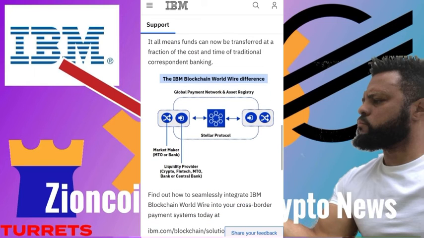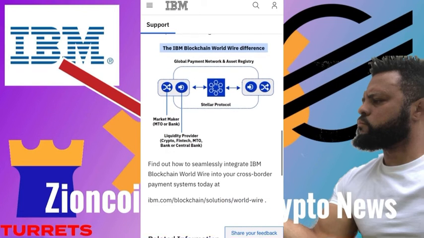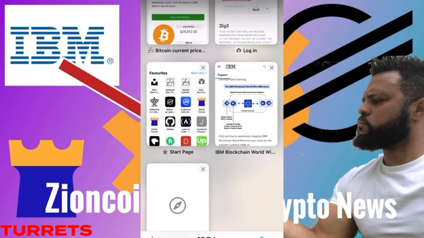The IBM Blockchain World Wire: global payments network and asset registry. We've got market makers, MTOs or banks, liquidity providers, crypto, fintech, market makers, banks or central banks, the Stellar protocol, and then clearing to somebody else's bank.